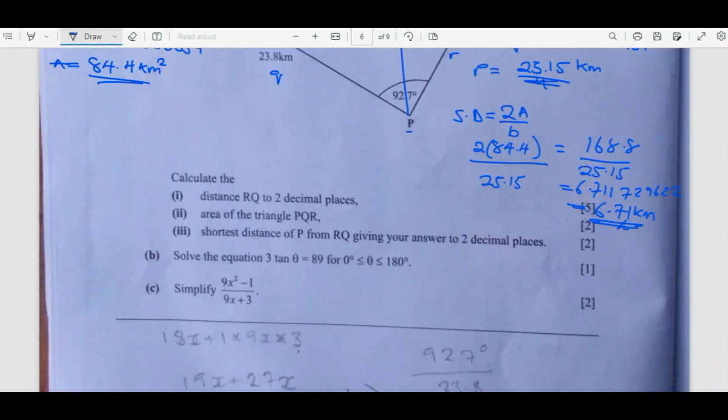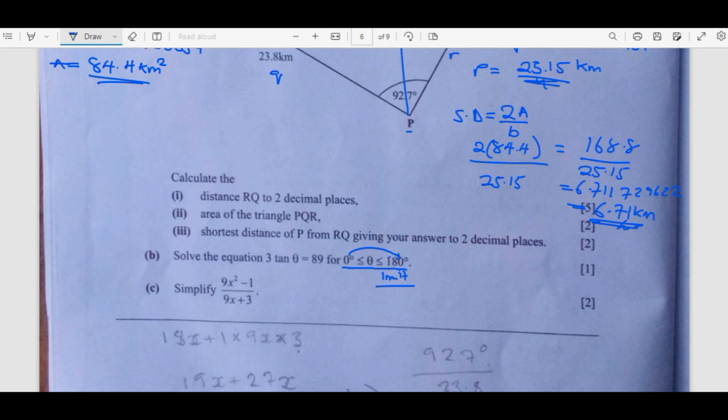So solve the equation 3 tan theta is equal to 89. So this is the limit range. The limit has been given that it should be from 0 to 180.